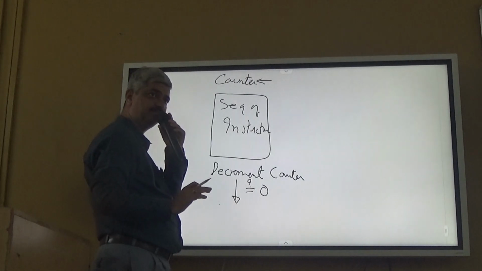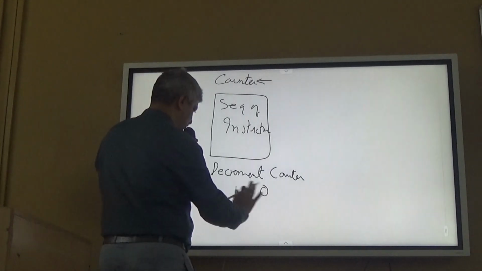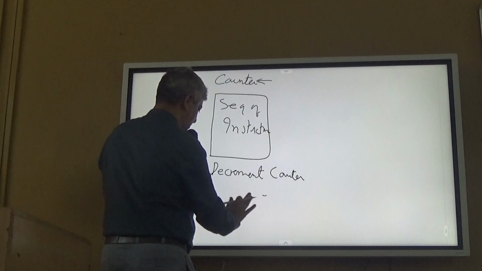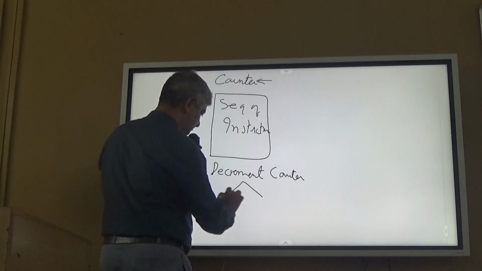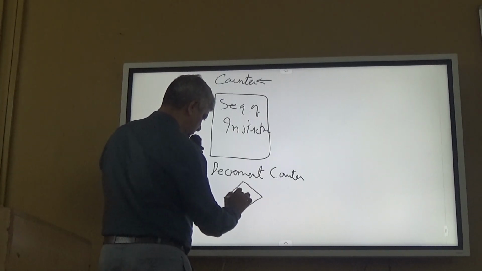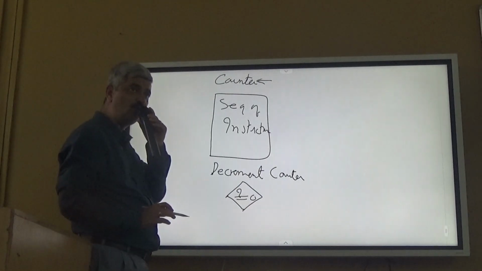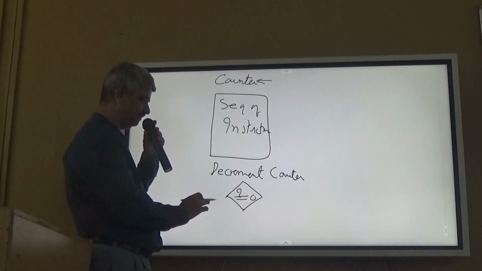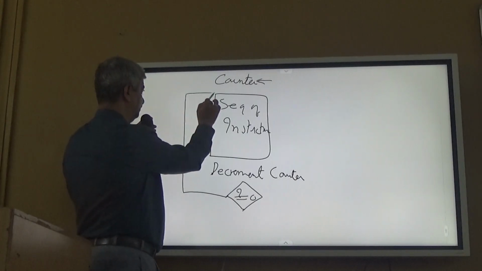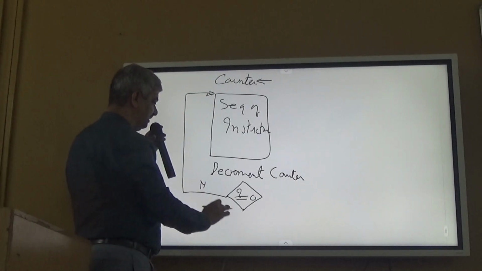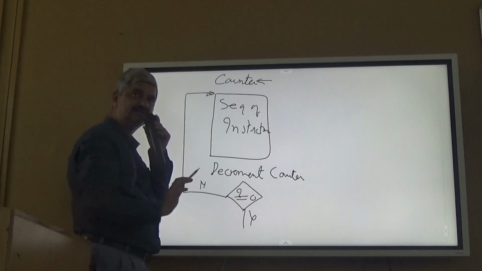After decrementing, I will check whether it is equal to 0. If no, I will repeat, and if yes, I will come out. Is it right?